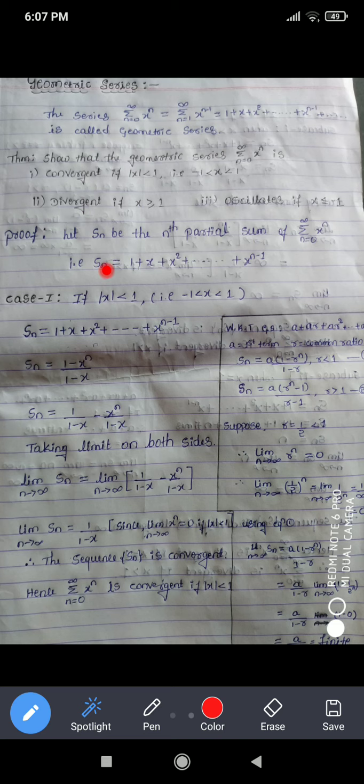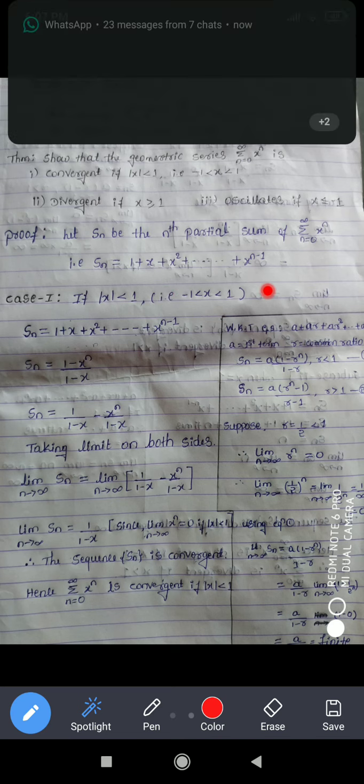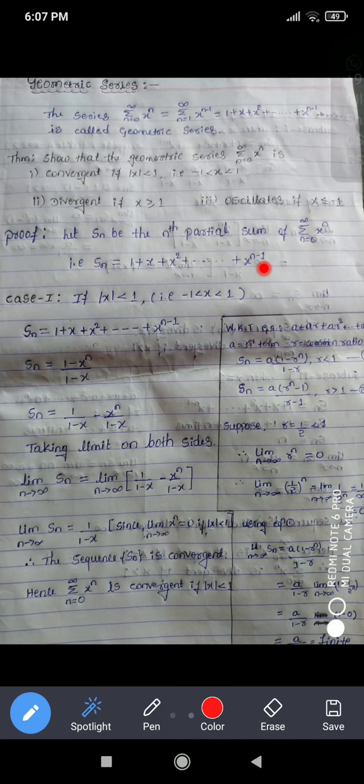Okay, now see the proof of this geometric series. Proof: let S_n be the nth partial sum of summation n equal to 0 to infinity of x raised to n. So the sum of the n terms is equal to 1 plus x plus x square plus up to x raised to n minus 1. We know that the sum of n terms means we are adding n terms.